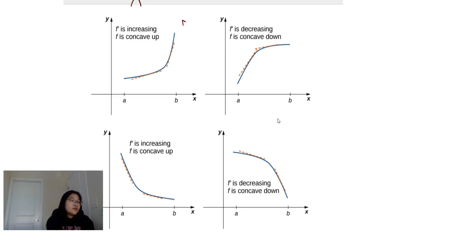But we still have f prime of x is greater than 0 here, and f prime of x is greater than 0 here. So this is f double prime is greater than 0 because our f prime is increasing, and here we have f double prime of x is less than 0, which means that our f prime is decreasing.